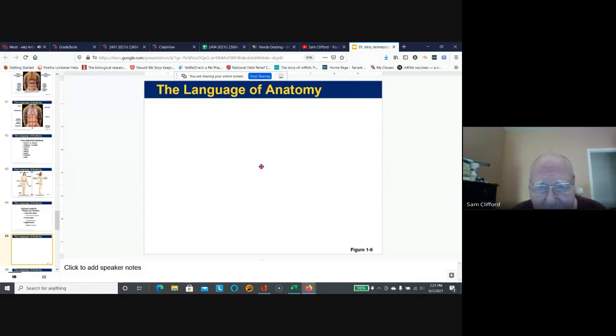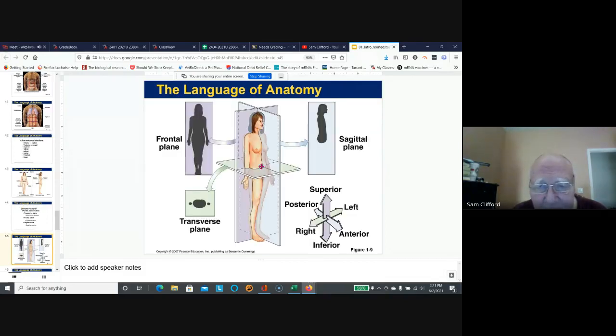So how do we slice and dice here? Transverse section, sagittal, mid-sagittal, frontal plane. So if Jason of the Chainsaw Massacre cuts you down the sagittal plane, your left side and your right side will fall and be separated.